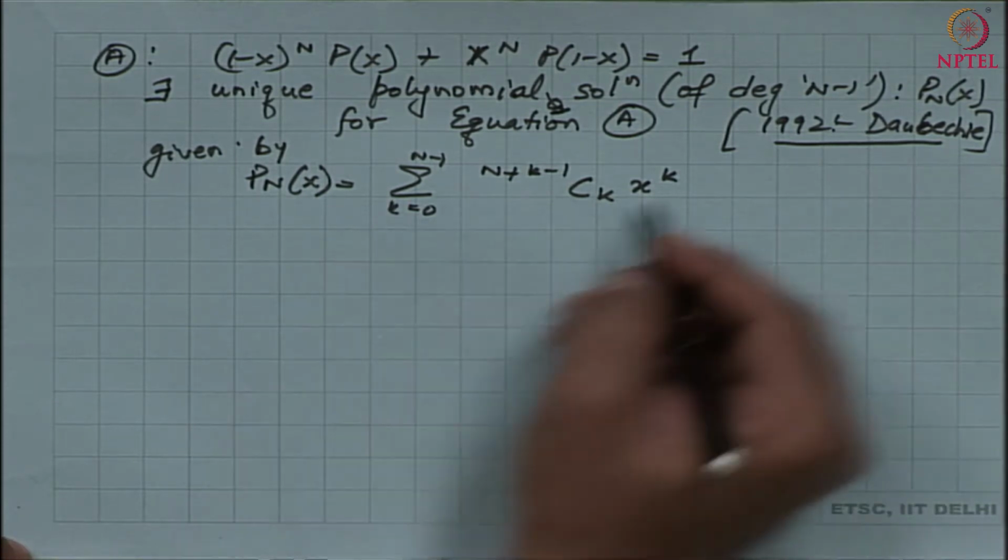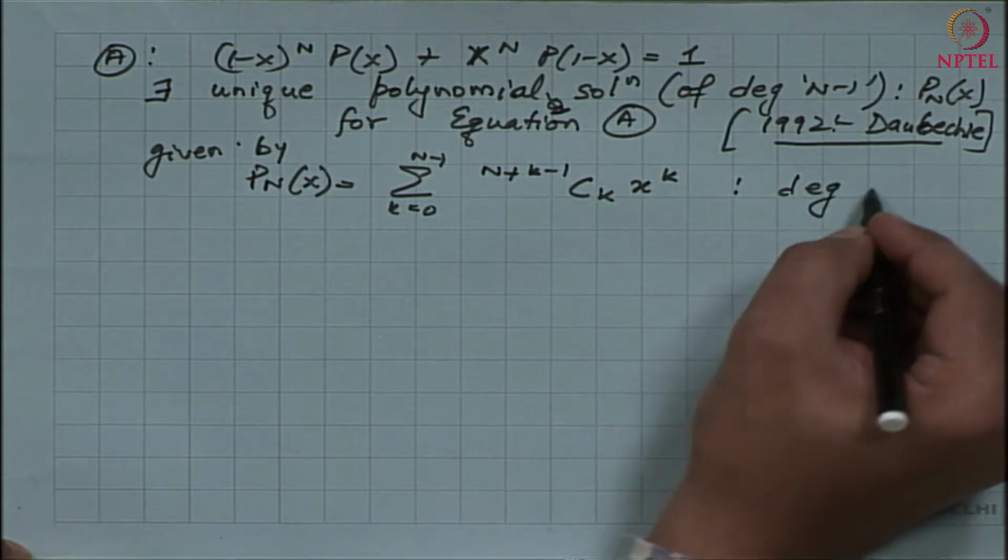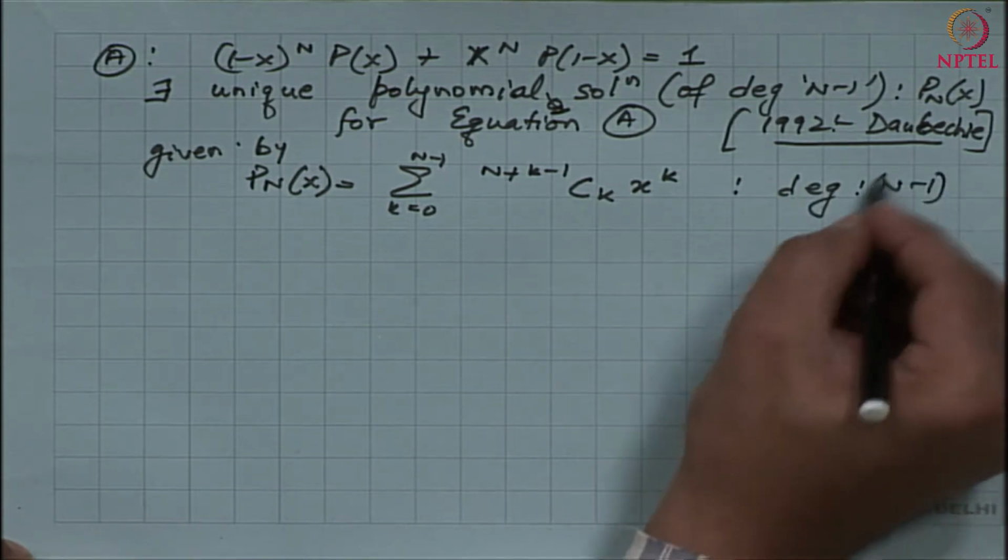So the degree of this polynomial is n minus 1.